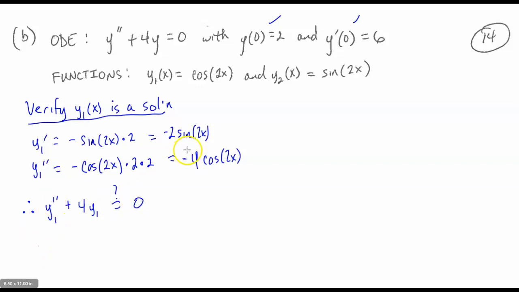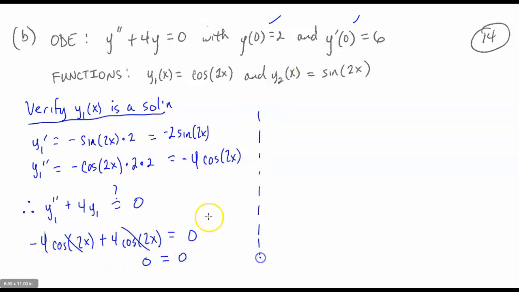And we know that y1 double prime is minus 4 cosine of 2x plus 4 times y1, which is cosine of 2x. That indeed does equal 0 because both of these cancel out. Okay. So, you know that's verified.